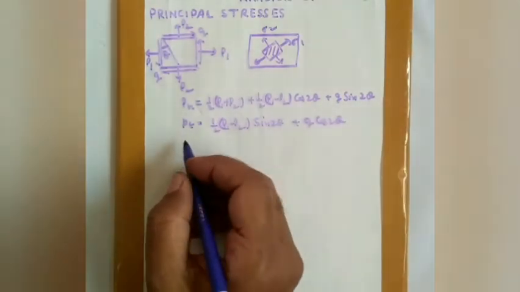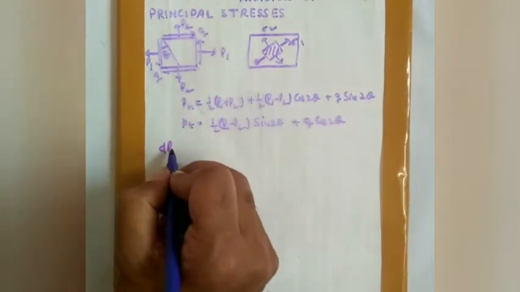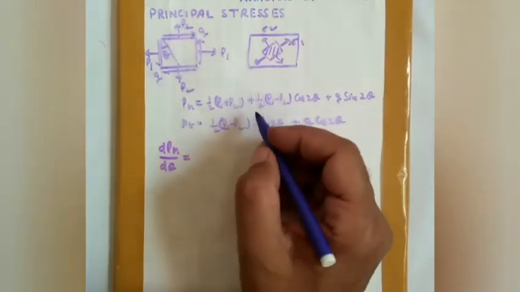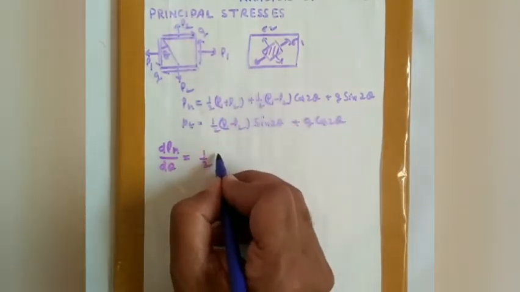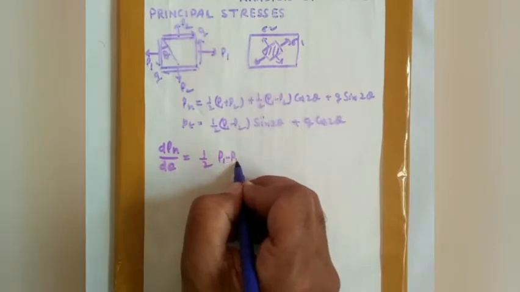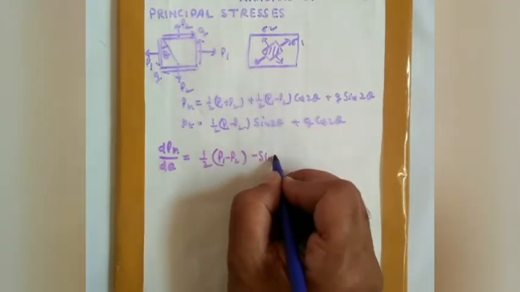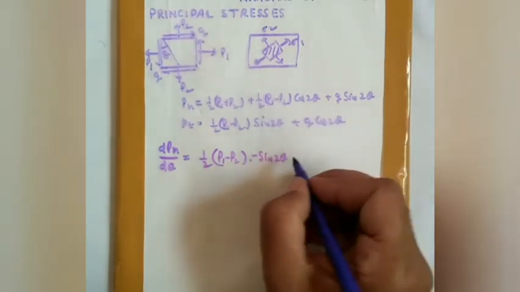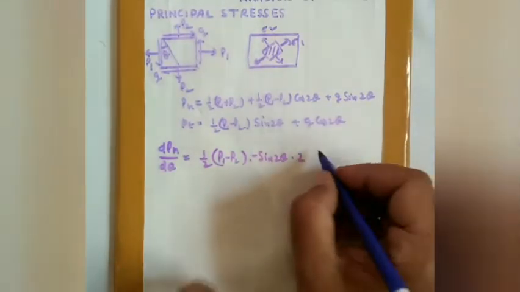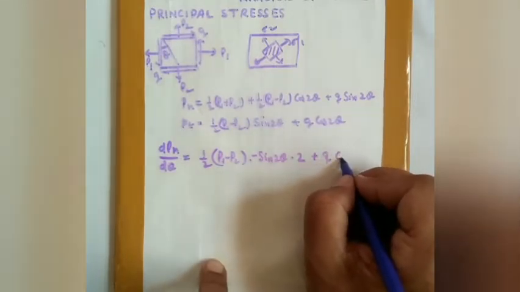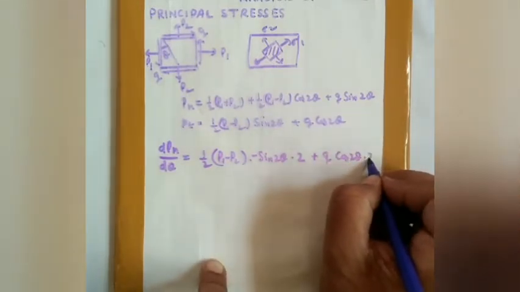So by differentiating, we get dPn by d theta is equal to 1/2 (P1 minus P2) into minus sine 2 theta into 2 plus q cos 2 theta into 2.